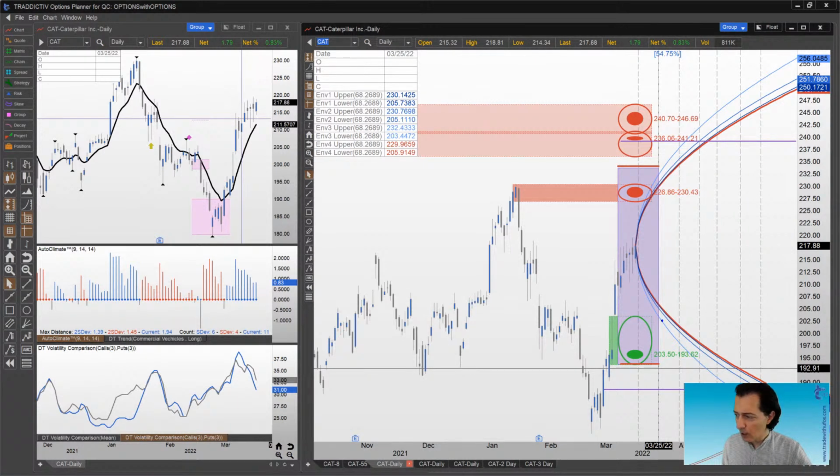Notice how probabilities suggest that price should go maximum to where the blue lines are. That's what the probability suggests, meaning that it looks like we're going to be trading within the zone where profitability takes place.